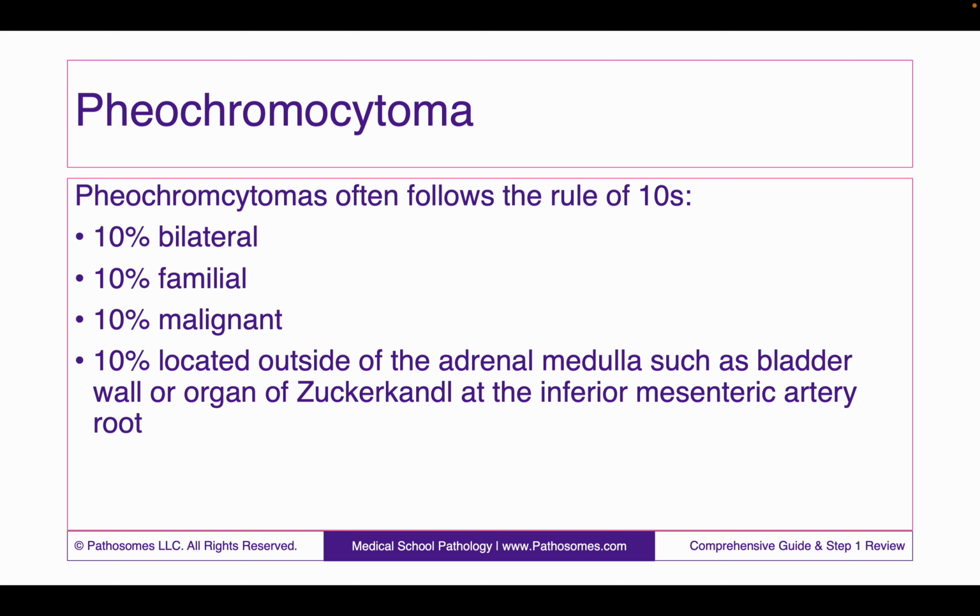Pheochromocytomas often follow the rule of tens. 10% are bilateral, 10% are familial, 10% are malignant, and 10% are located outside of the adrenal medulla, such as the bladder wall or organ of Zuckerkandl, at the inferior mesenteric artery root.